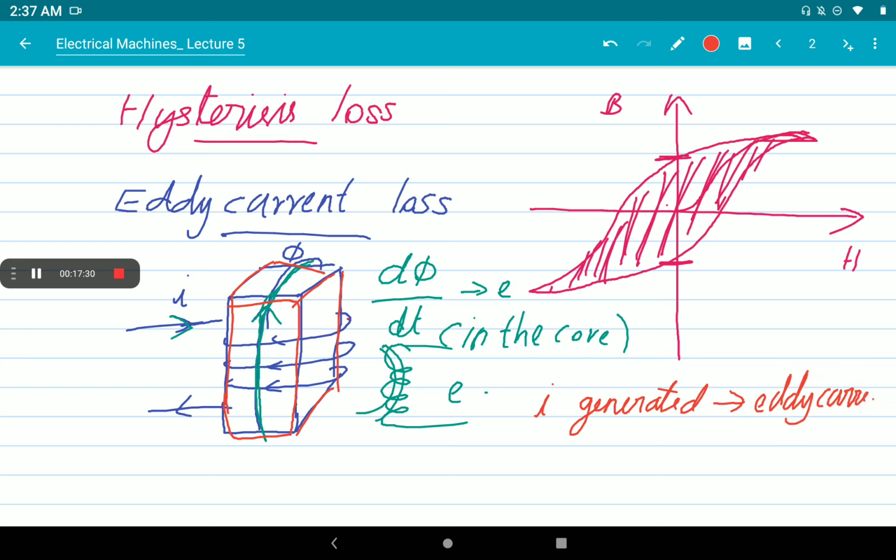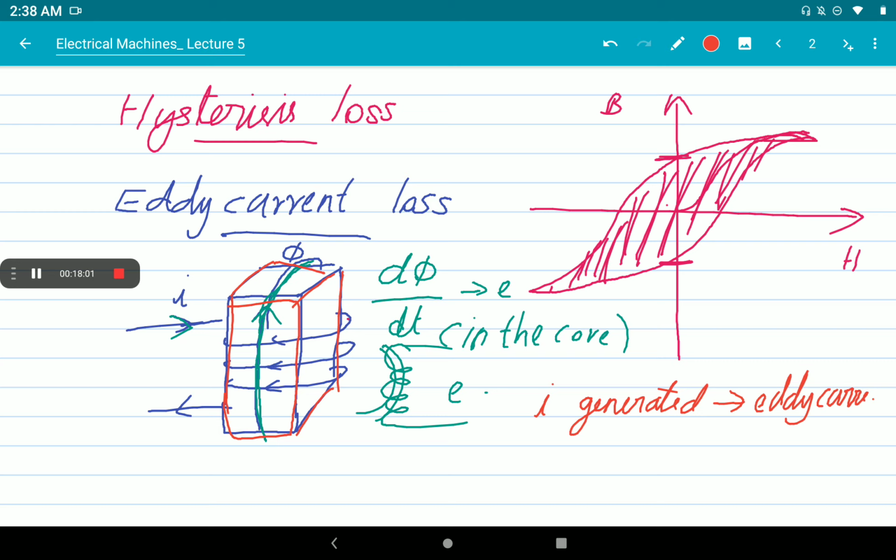That means when we give a current through this coil, the coil will produce a varying magnetic field, and that flux will have a rate of change, which will produce an induced EMF in the ferromagnetic core. We know that all ferromagnetic cores are metals, so a current will be generated in them. That generated current in a ferromagnetic core is known as eddy current.